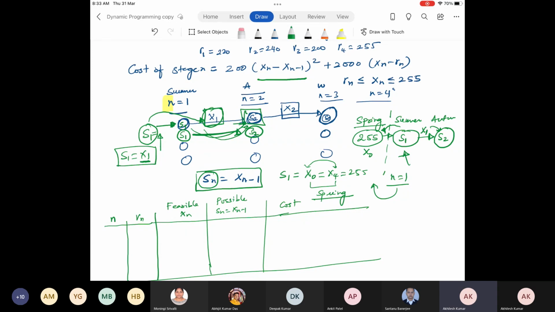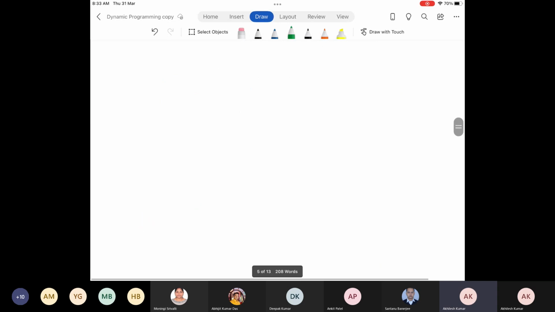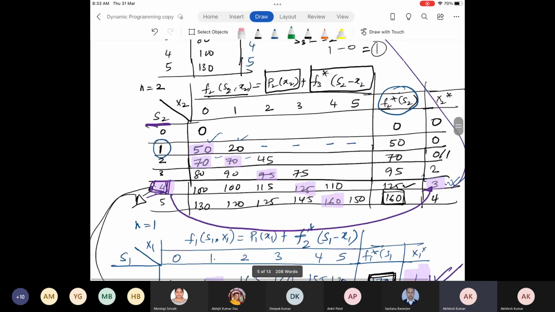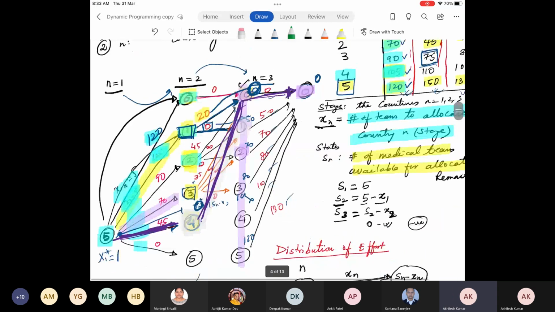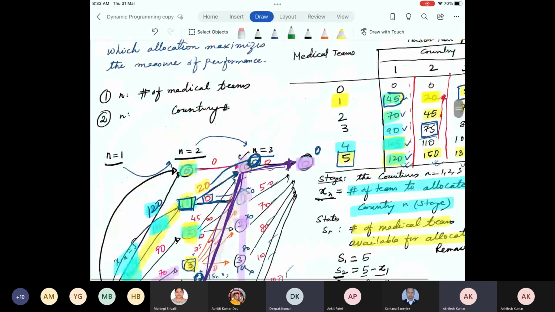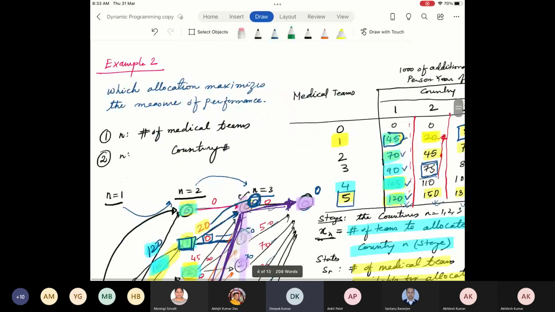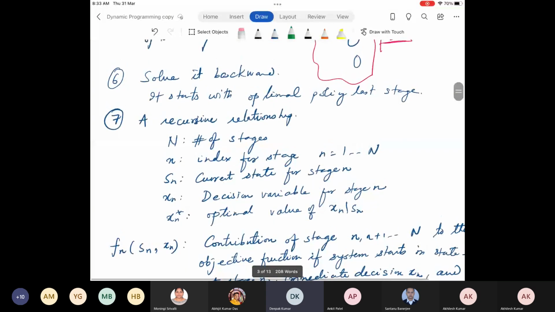I have written this also about the stages and states. Let me see if it is there so that I can refresh you guys about that point. At the start of any season, the number of employees will be equal to the number of employees available in the previous season.